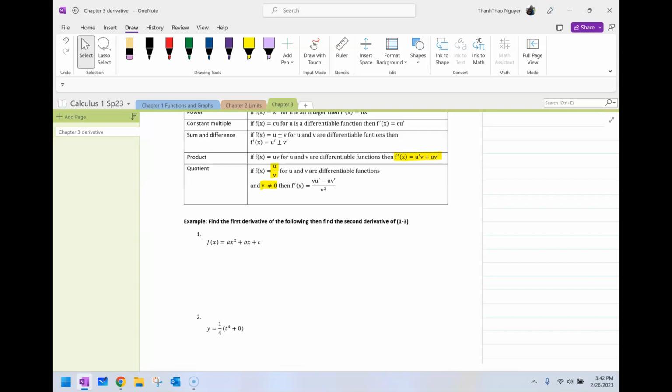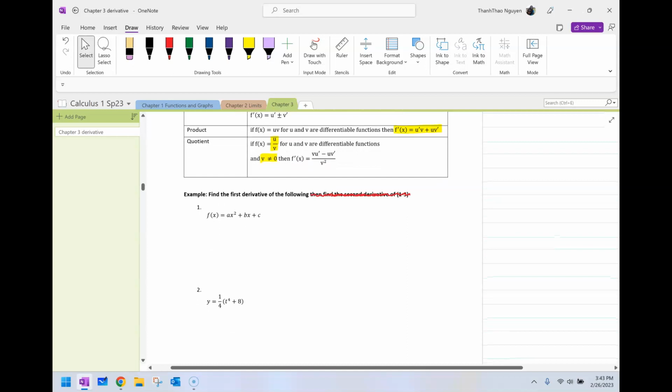Let's take a look at the examples. Find the first derivative of the following function. Let's cross this out, this is just a typo.